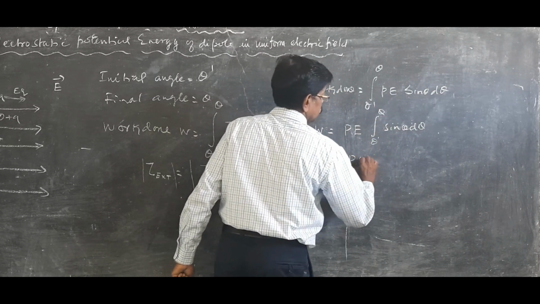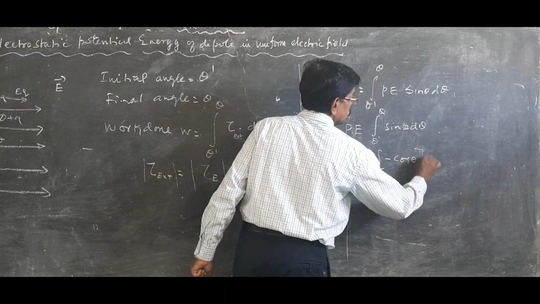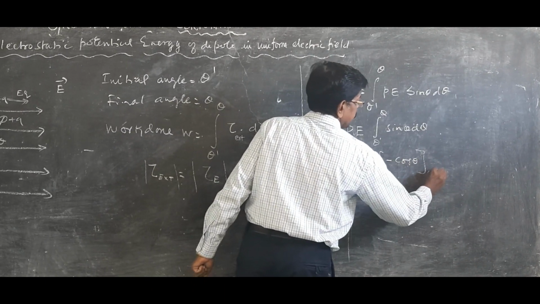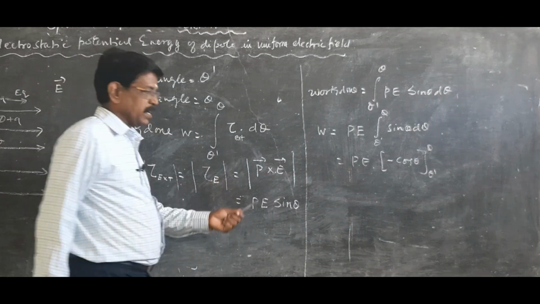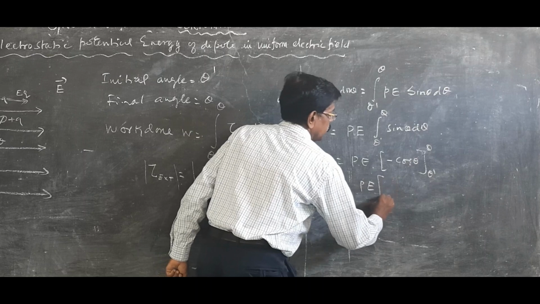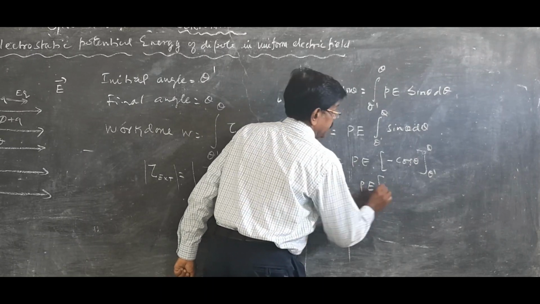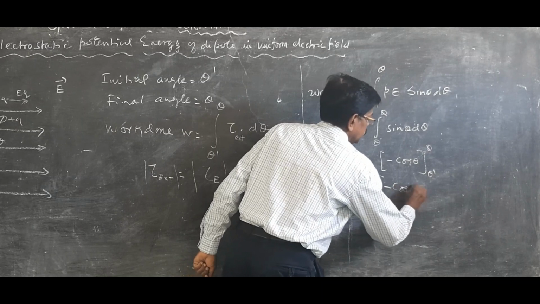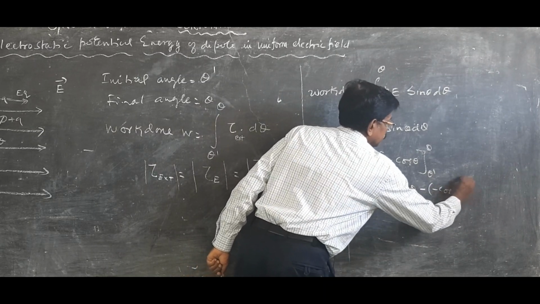So what is the answer for this integration? Minus cos theta, from theta dash to theta. So apply the limits, upper limit minus lower limit. So PE, you can take the minus outside, cos theta minus of minus cos theta dash.